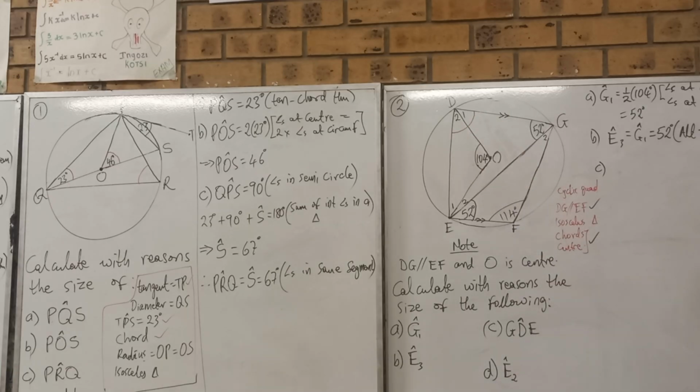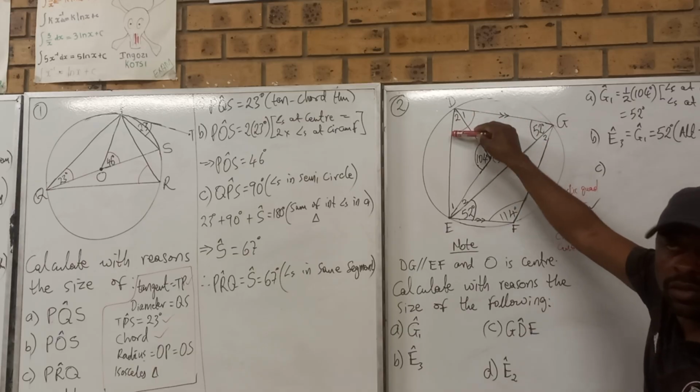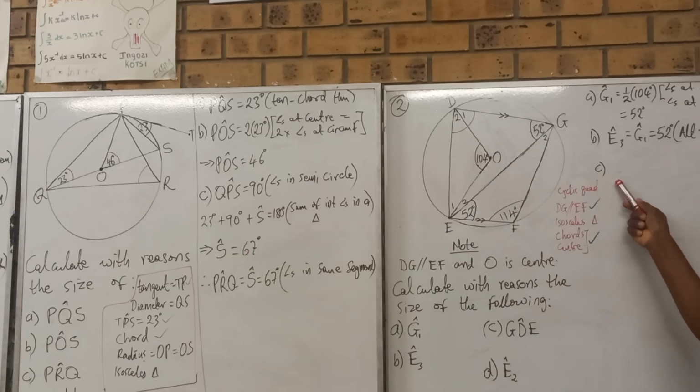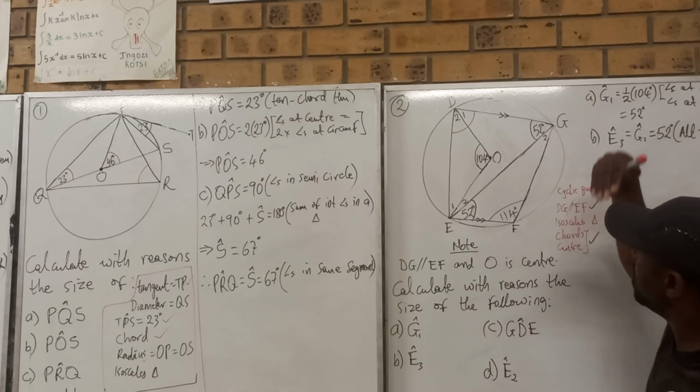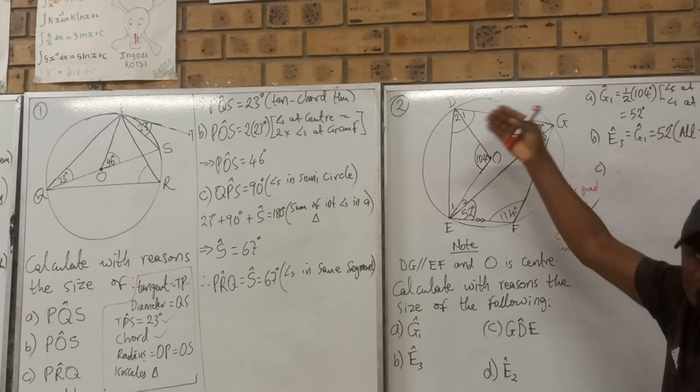So to get the whole of that angle, looking at my hint, I will target cyclic quad or isosceles. If you check, you see that the whole of that angle is not in a triangle, so I will certainly sit on cyclic quad. The theorem of cyclic quad says the opposite interior angles of the cyclic quad are supplementary, that is, they sum up to 180.